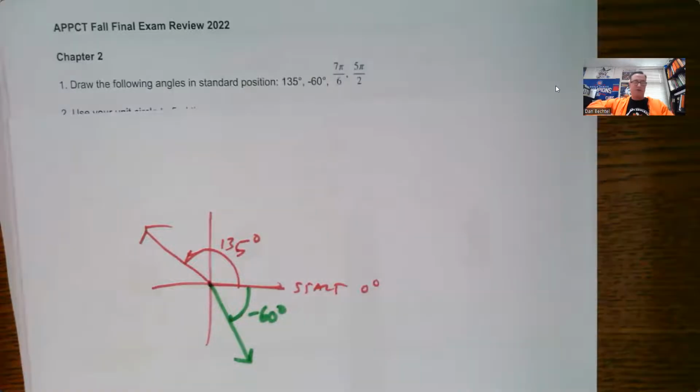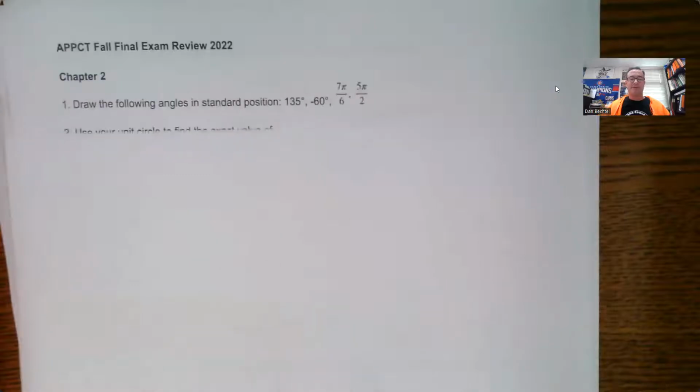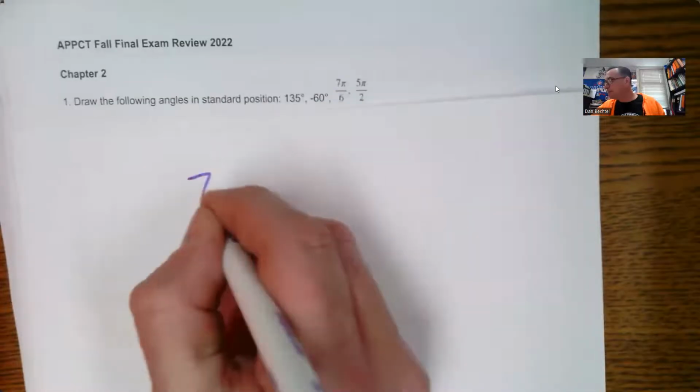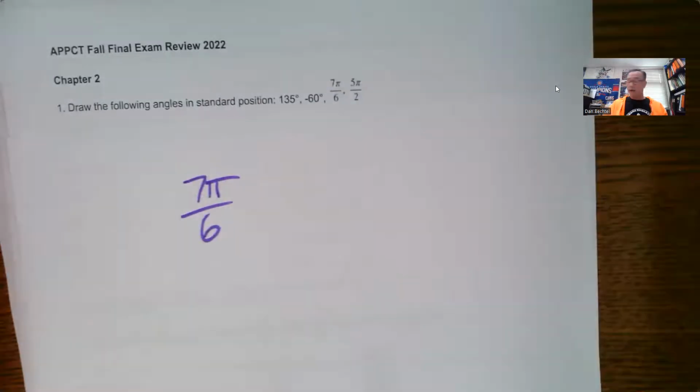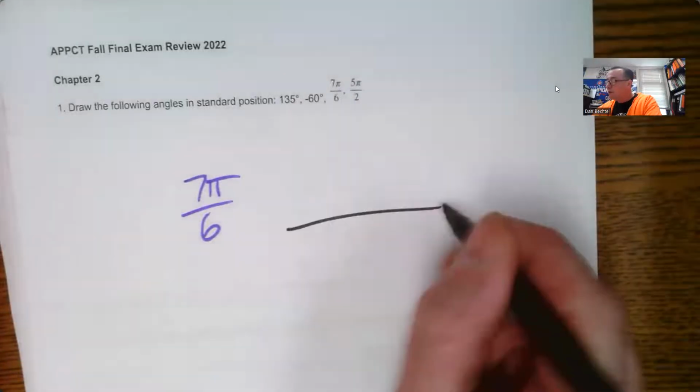7 pi over 6. Let's start with a whole different set of things for that. I'll write it up here. We are looking at an over 6 thing. It's greater than 1, so it's going to be more than just a single pi.